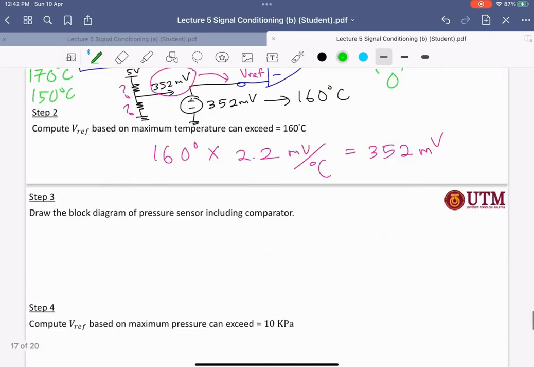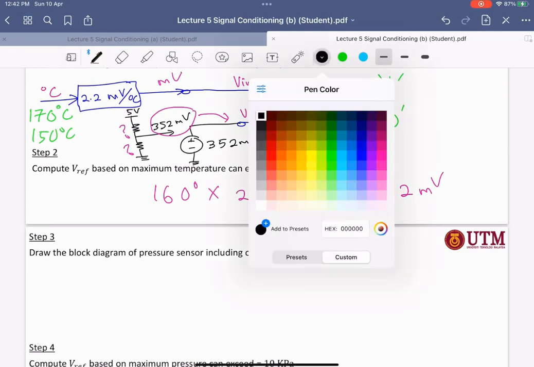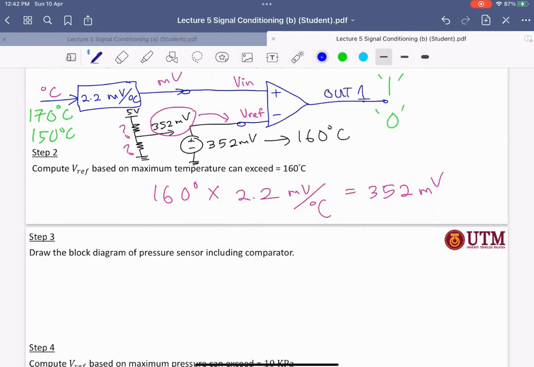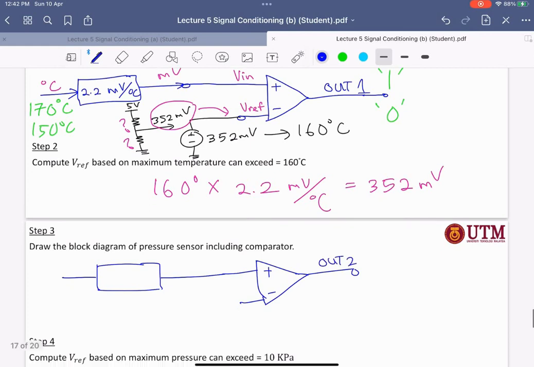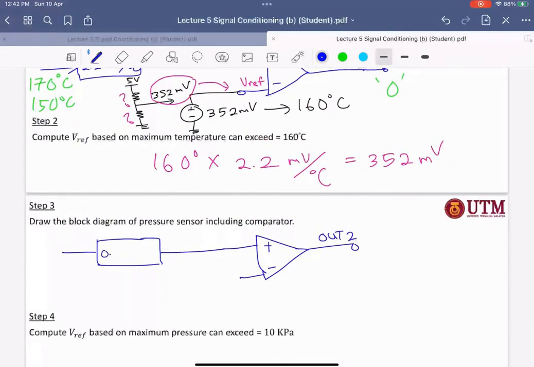Okay, done. So now we can draw for the pressure. It also has the sensor, and then it goes to the comparator, plus minus. We don't know this one yet, and this one is output 2. So what is it? 0.2 volt per kPa. So the input is kPa and the output is volt.